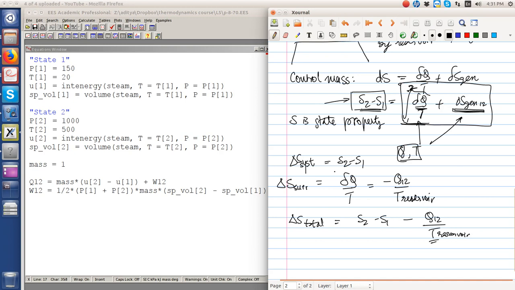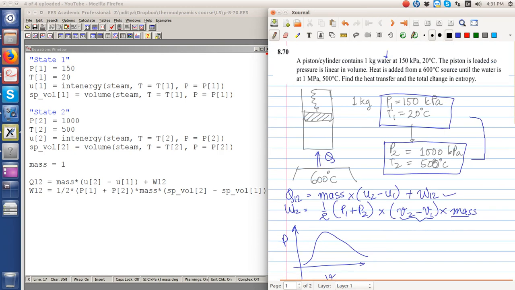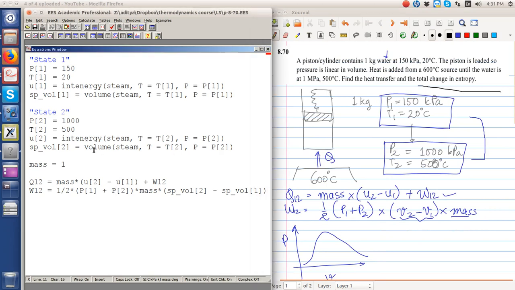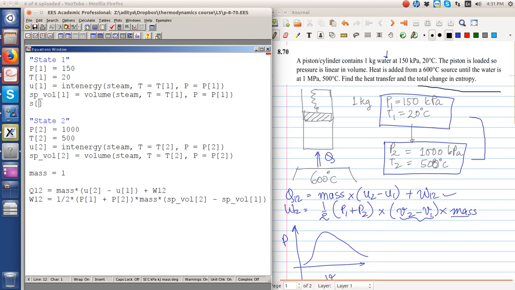So let us do that. What is the total change in entropy? We need to also have information about the entropy.